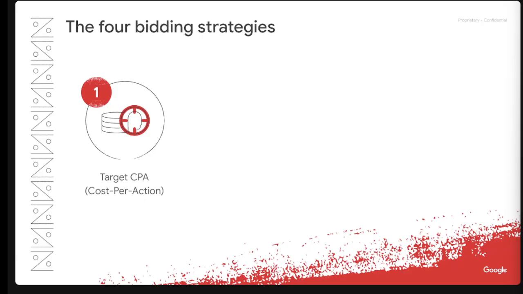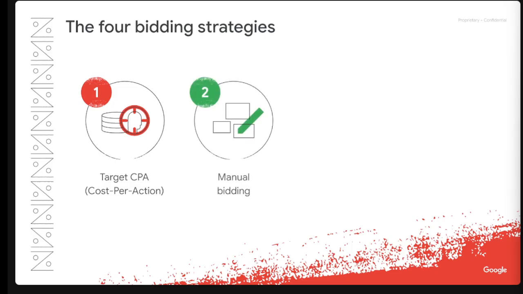So the maximum you'll pay for maybe a registration or purchase of something. The next one is maximize conversions. So if your goal of your campaign is simply to get as many conversions as possible, which would be app installs, then this strategy automatically sets the bid to achieve that within your budget.